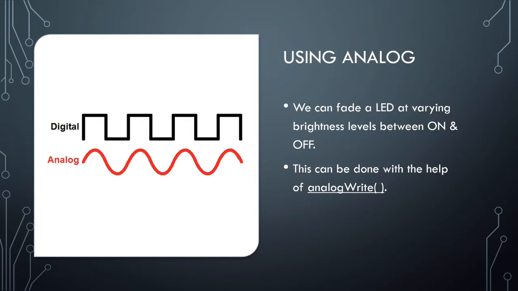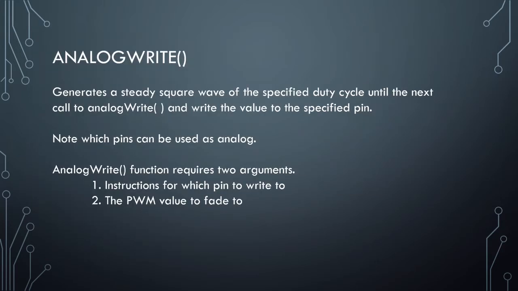But we can use an analog command. We can use analog write to fade an LED and give it a level of brightness somewhere in between on or off. And so we'll take a look at how we can do that using our analog write command.